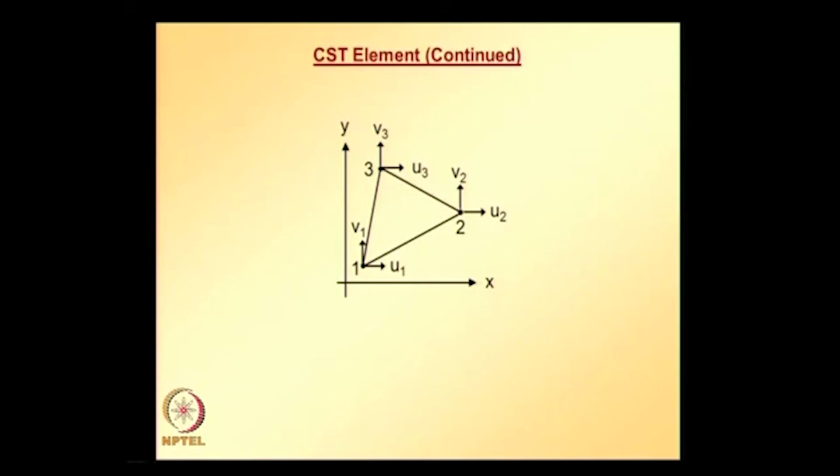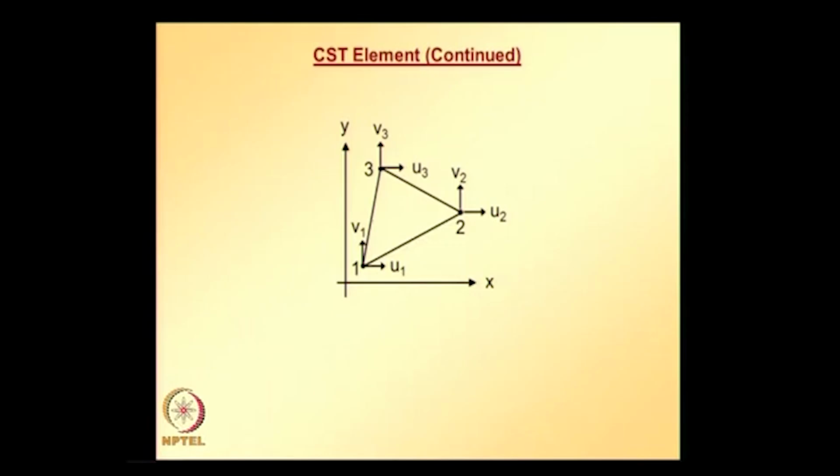When we are deriving shape functions based on a polynomial based trial solution, we usually start out with a polynomial which has a number of coefficients equal to the number of nodes.